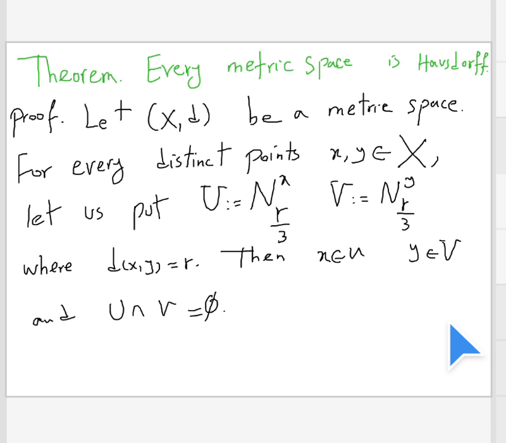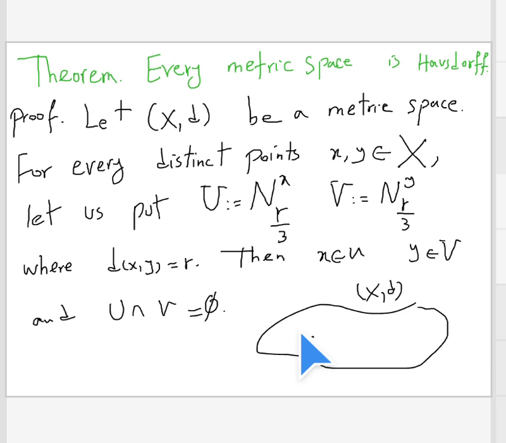Okay, this is the metric space. This is x, this is y. I see that their distance is r. Then I choose open sets around x and around y.